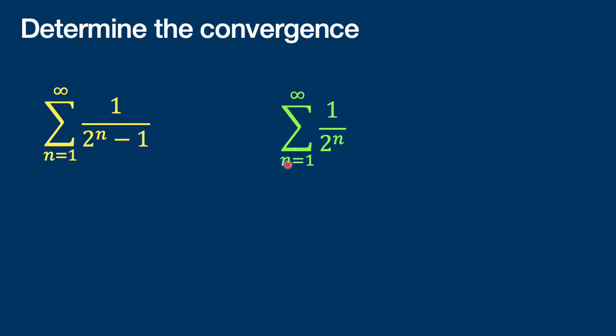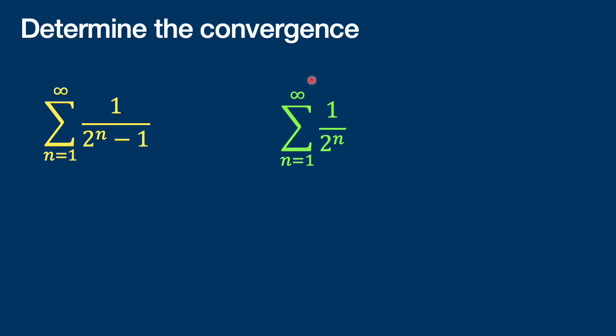Let's determine the convergence or divergence with this example. I have this series right there, 1 over 2n minus 1. On the previous slide, we studied direct comparison. This series looks similar to a geometric series. Let's see, the summation from n equals 1 to infinity of 1 over 2^n.